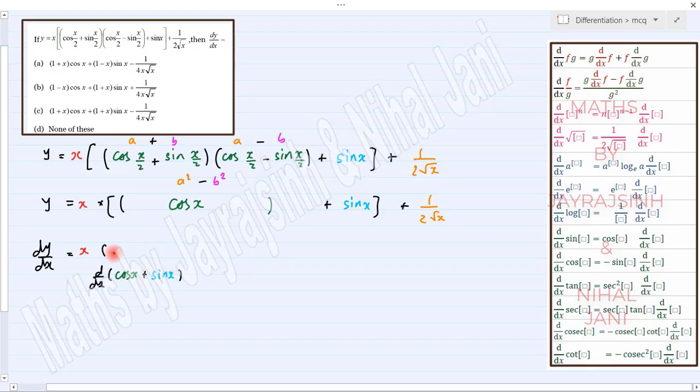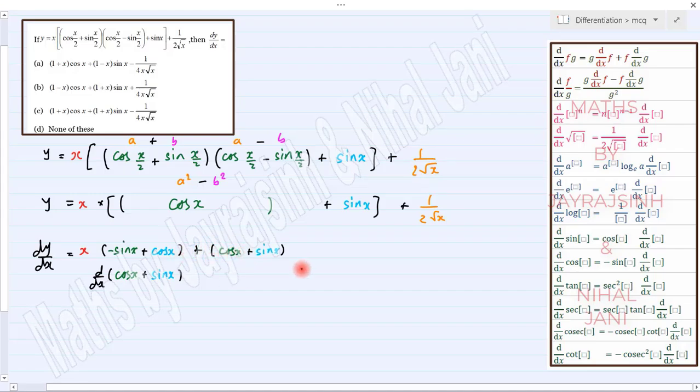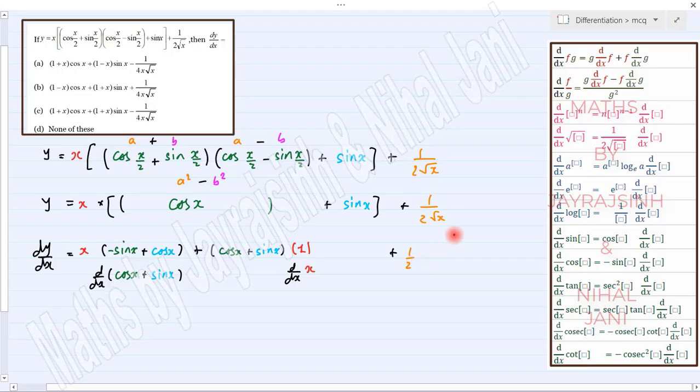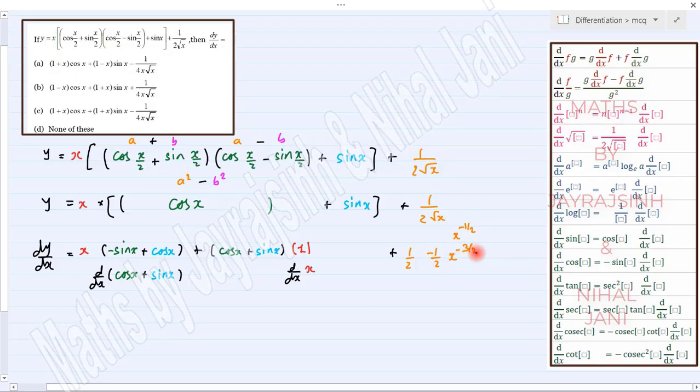So its differentiation will be minus sin x plus cos x, plus your bracket will be as it is, and we have to differentiate your x, which will be 1, plus differentiation of 1 by 2 root x, or we can say 1 by 2 is constant. Differentiation of 1 upon root x, which is x raised to minus 1 by 2, will be minus 1 by 2 x raised to minus 3 by 2.